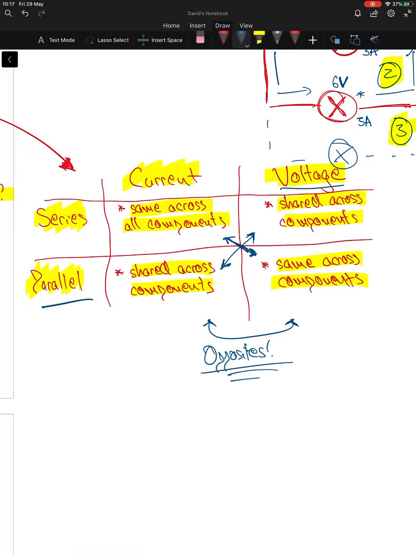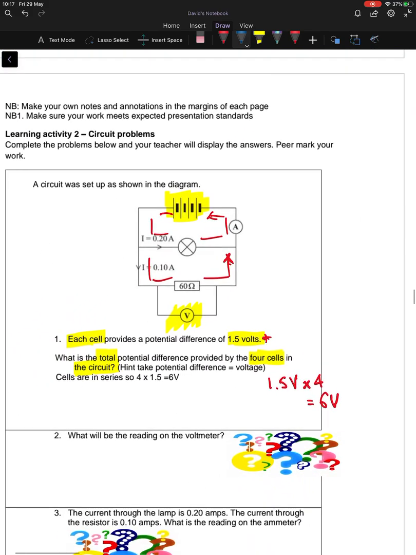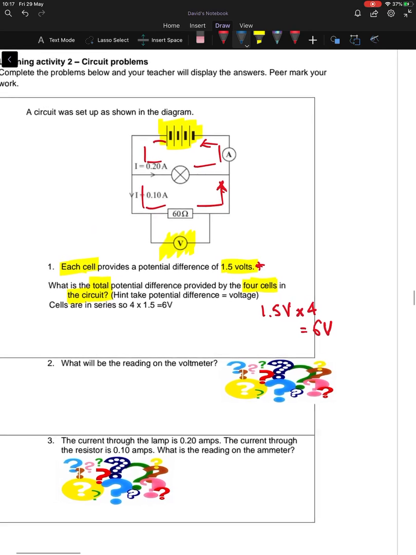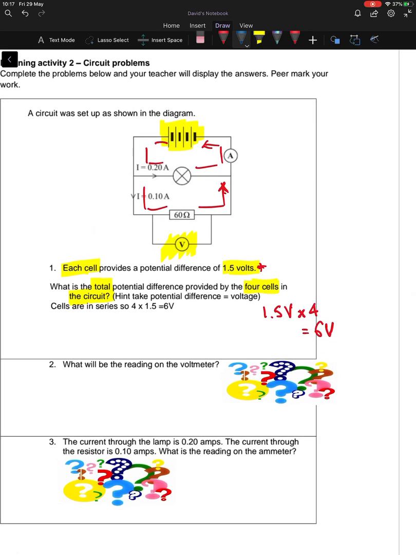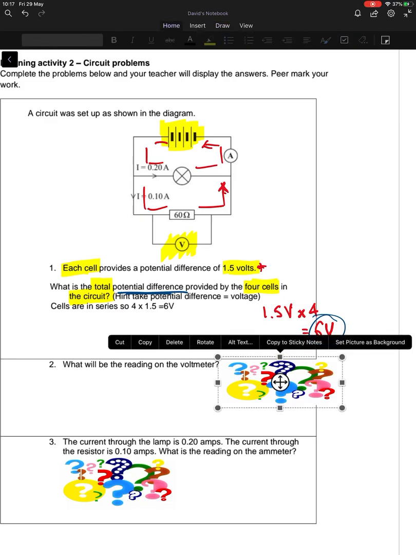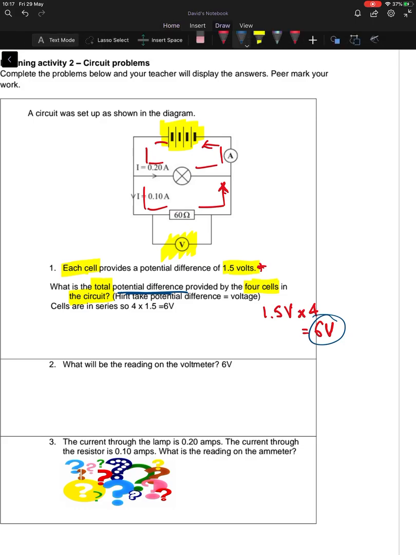Parallel, voltage, the voltage is going to be the same. So let's go back. What will the reading on the voltmeter be? Now, we know what the total potential difference is. We know it's 6 volts. So if it's the same across all components, what do you reckon that makes this? 6 volts also. Well done.